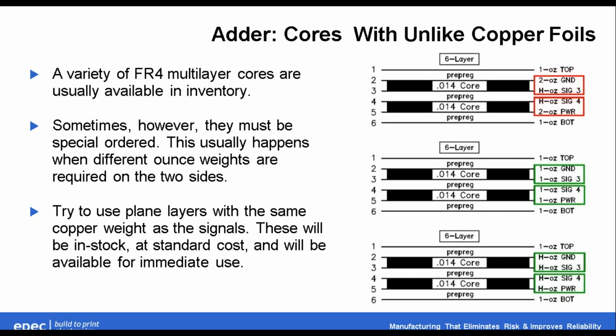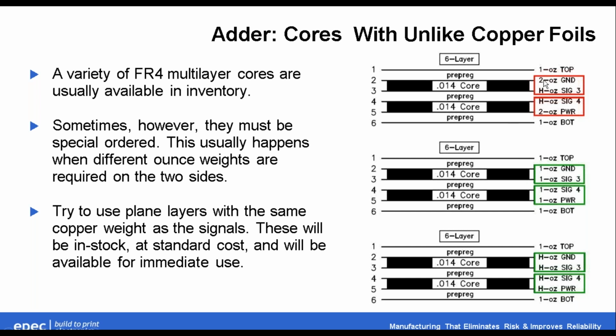Sometimes, though, they must be special ordered, and it usually happens when you have different ounce weights on the 2 sides of the core. Our suggestion for reducing cost is to try to use plain layers with the same copper weight as the signal layers. These cores will be in stock, available at standard cost, and available for immediate use. So you'll save money, and if you need a quick turn, you'll get your boards more quickly.